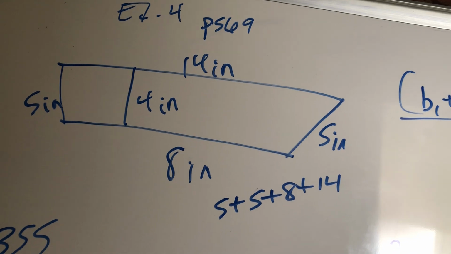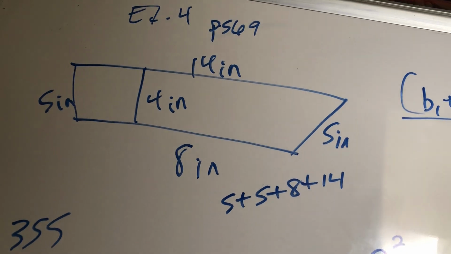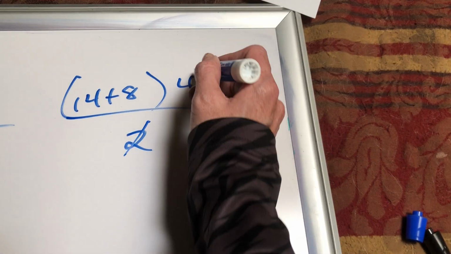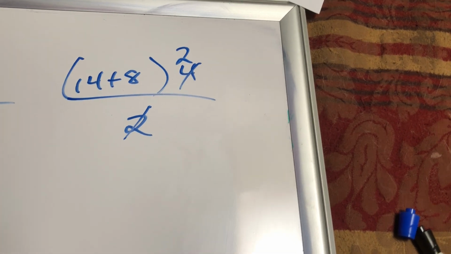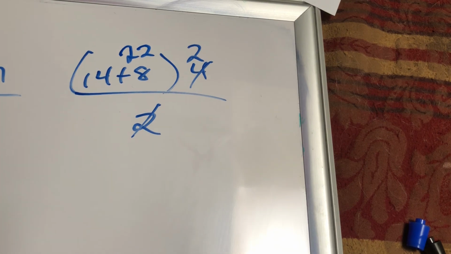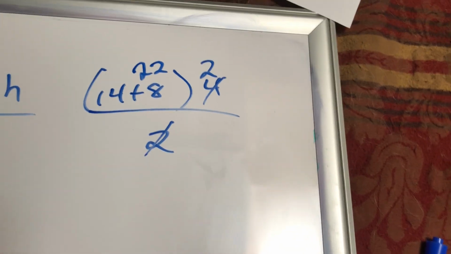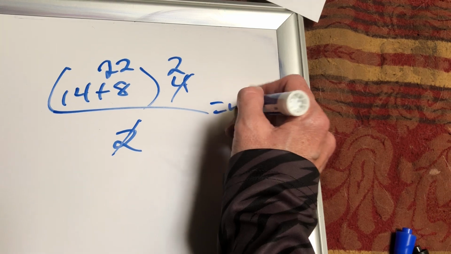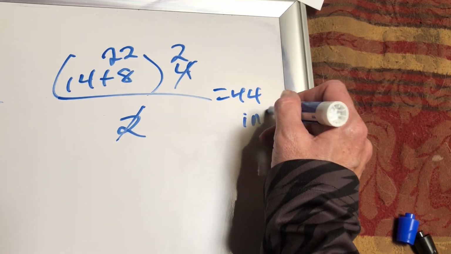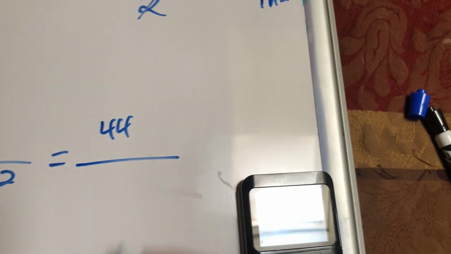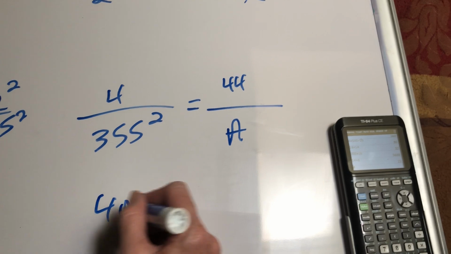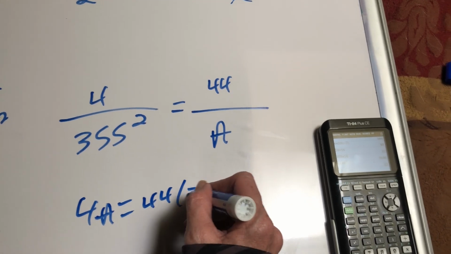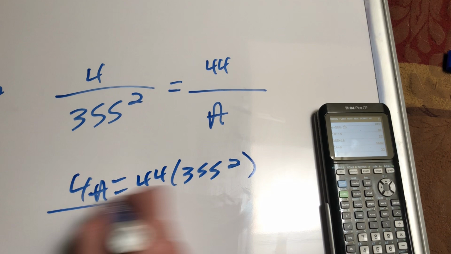So my bases are 14 and 8. My height is 4, and I'm dividing by 2. So 2 goes into 4 and leaves a 2. 14 and 8 is 22 if I didn't mess up, which I might have. I did not. And so that gives me 44 inches squared for the little trapezoid, for the drawing of the trapezoid. And then we want the area of the actual trapezoid. So 4A equals 44 times 355 squared, which again, I said we could leave it that way.